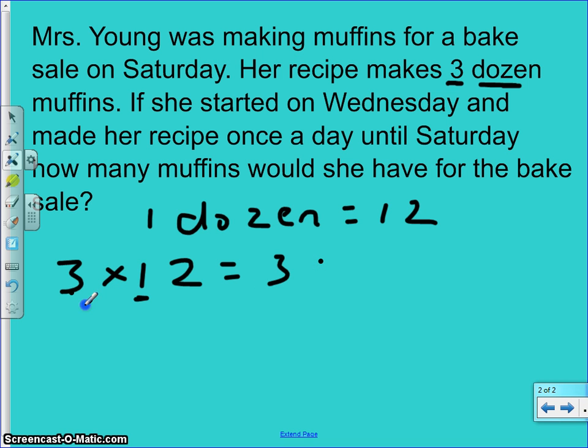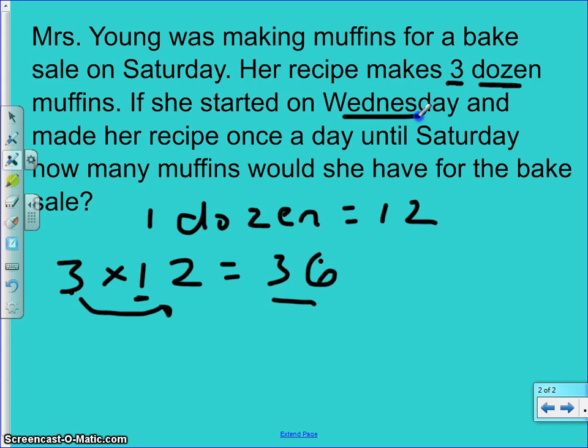And then 3 times 2 is 6, so that's going to be 36. Okay? So one of her recipes gives me 36 muffins. That's the first step in this problem. The next step is I have to figure out how many muffins she makes by the time she gets done on Saturday.